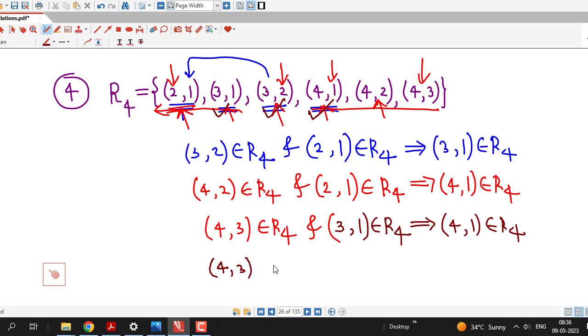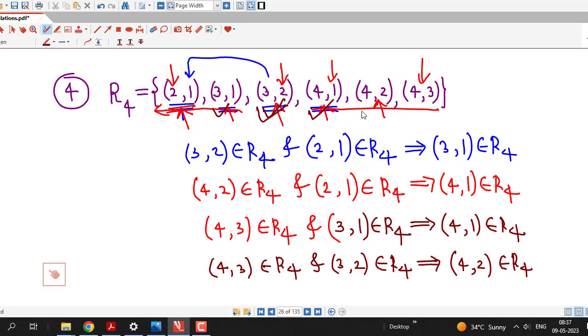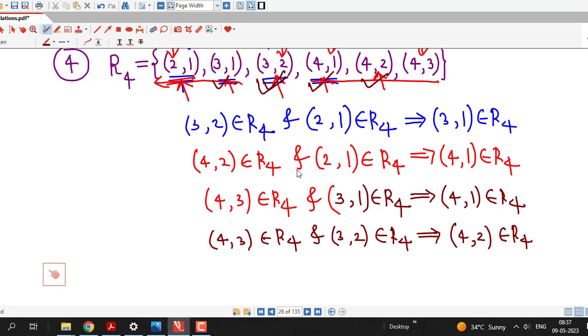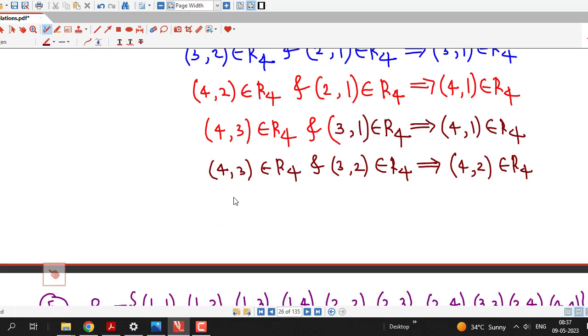Now (4,3) belongs to R4 and now I have to write for this (3,2) belongs to R4. So this implies (4,2) belongs to R4. So that is present here. So we have checked for all the possibilities and we find that the condition for transitive relation is satisfied. So this means our relation R4 is transitive.